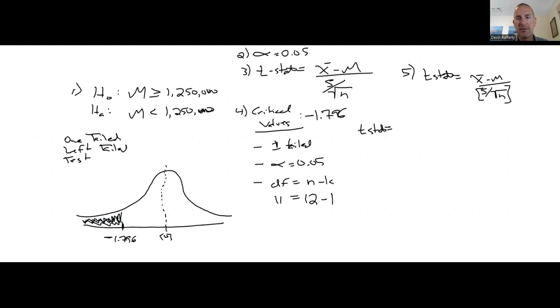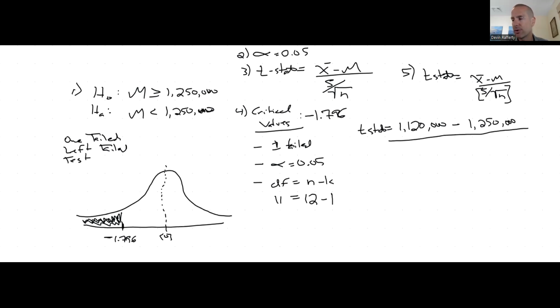So my T-stat, if I'm going to do X bar, the average price was $1.12 million. So that is $1,120,000 minus mu. What's mu? It's 1.25, right? That's $1,250,000 divided by S, right?